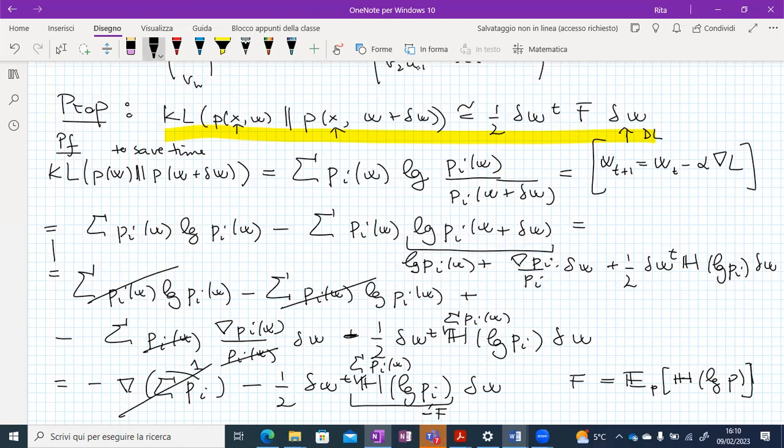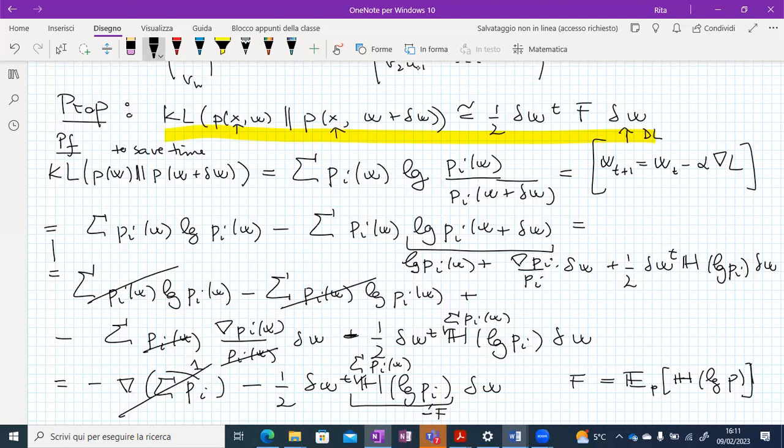Now, this is telling you that the distance, I know Kullback-Leibler is not a distance, we know that, right? But the distance between these two probabilities is approximated by this scalar product with the Fisher.